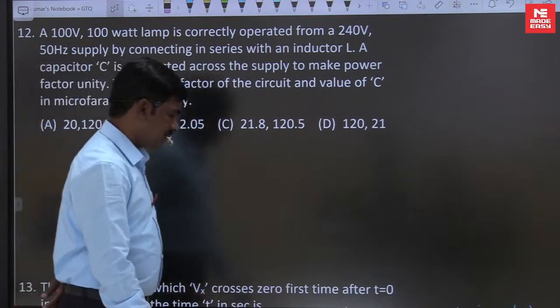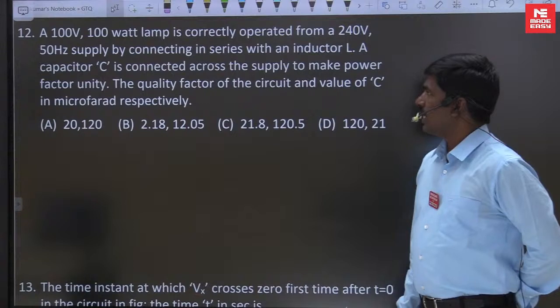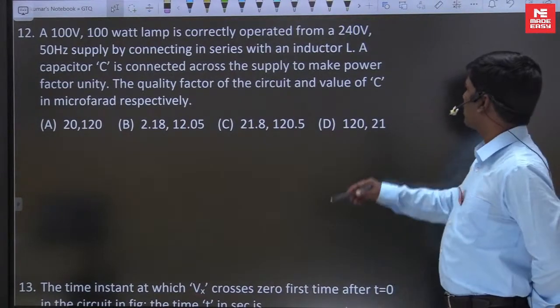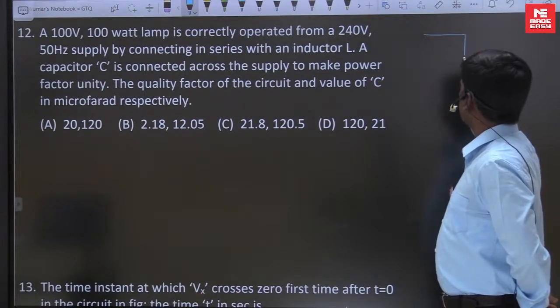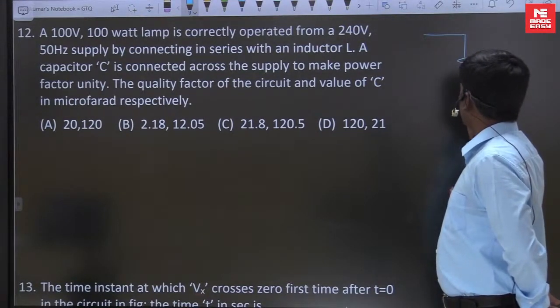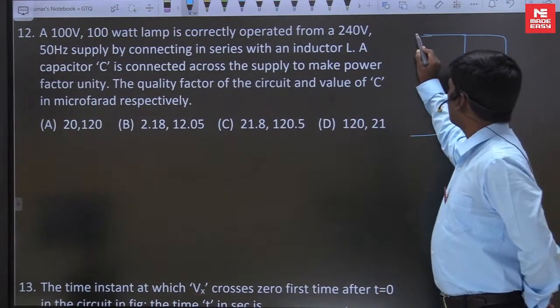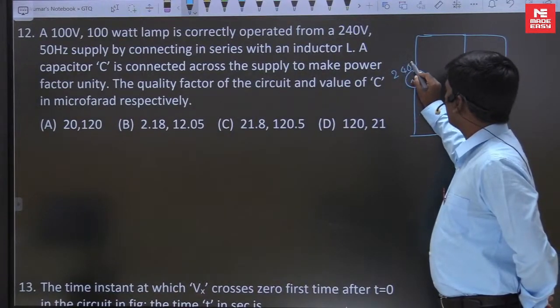So just to give you a hint, for the 100 volts 100 watt lamp, first find out the resistance value. The circuit is resistance, inductor and capacitor. Here 240 volts, 50 hertz.